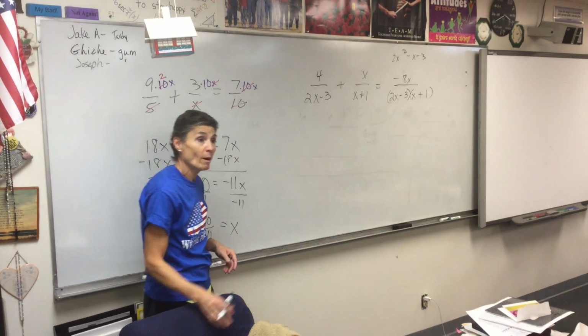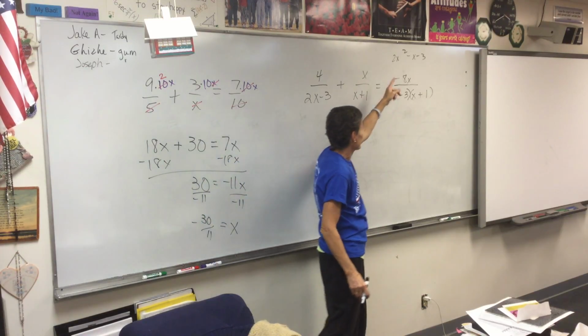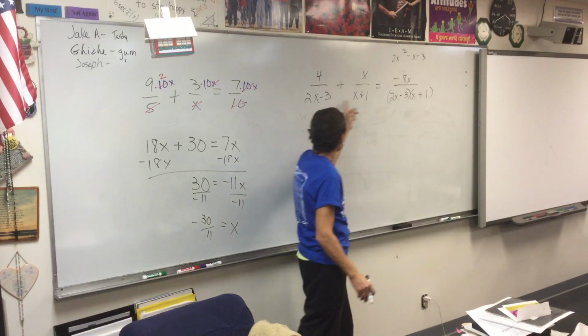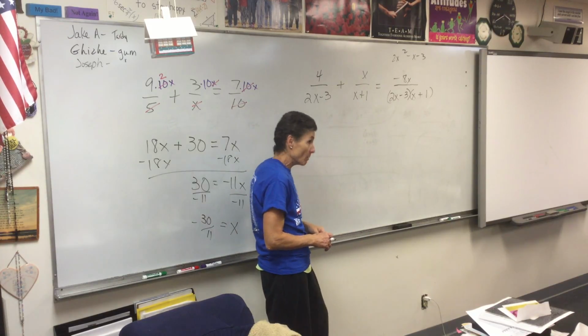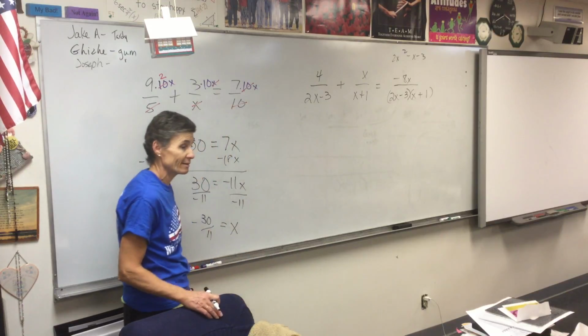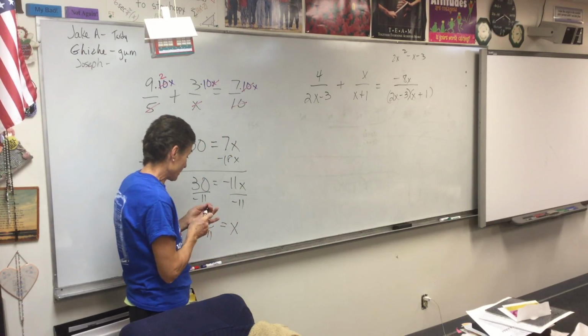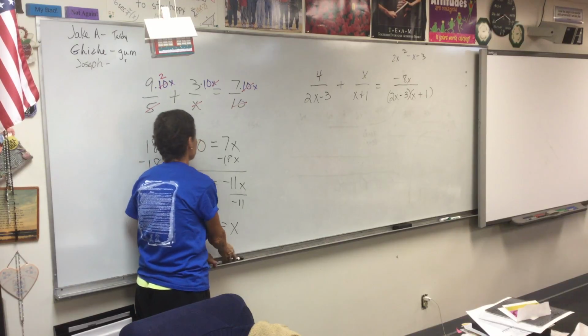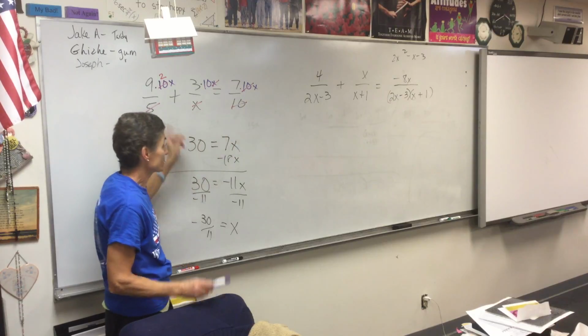And almost always, you guys remember this too, if you have a problem like this, it's going to factor into these two guys. Not always, but almost always. They're rigged that way. So now I'm going to do exactly what I did in this problem. In this problem, I multiplied by 10x.